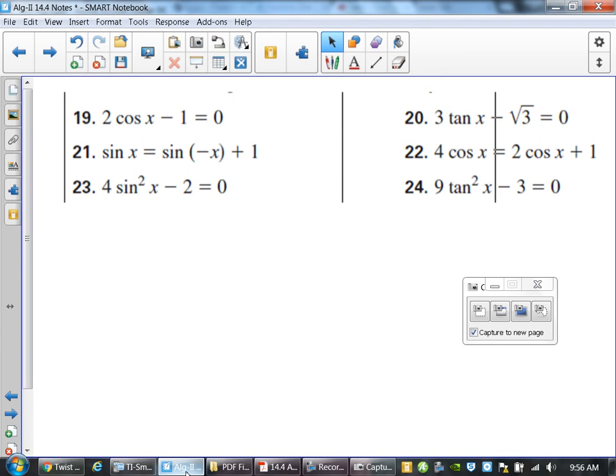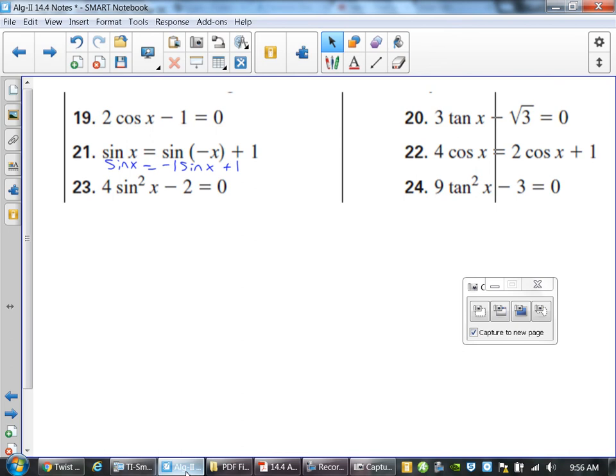So on 21, there's what you call a co-function identity. When you write this out, this is the same thing as sine of x equals negative sine of x plus 1. That's what that means. We'll talk about those identities later on next week.